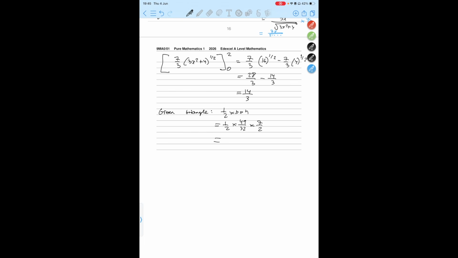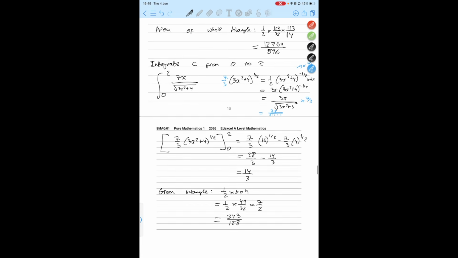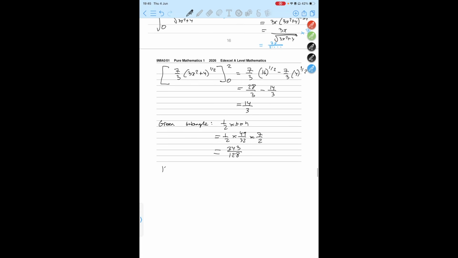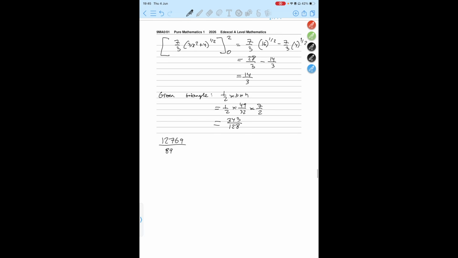So half times the base times 7 over 2 gives us 343 over 128. Okay, so hopefully the moment of truth now, we're going to do our whole triangle, which is 12769 over 896 minus 343 over 128 plus 14 over 3.